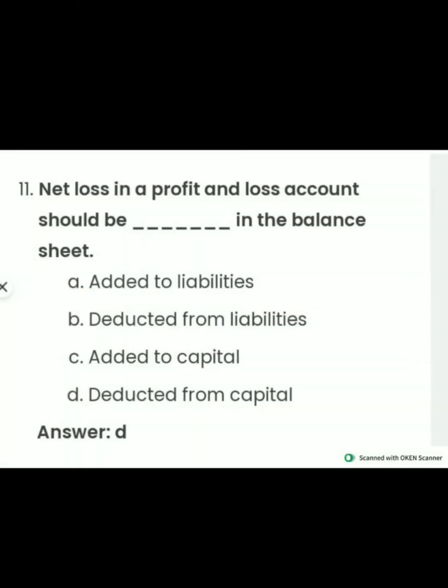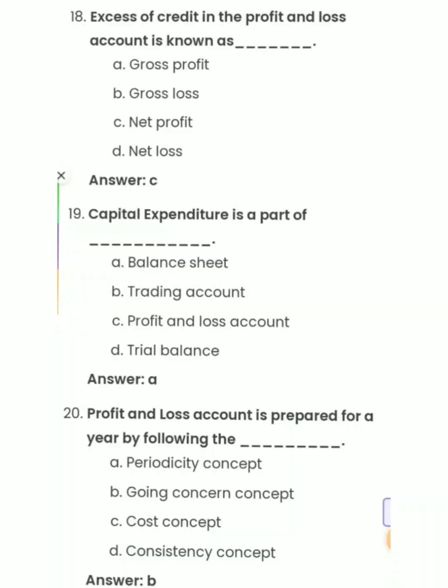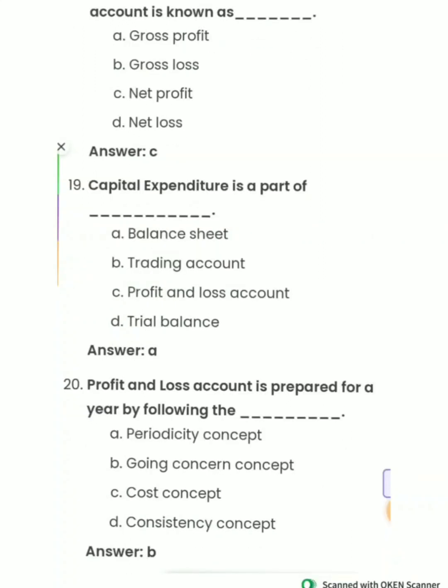If it is a net profit, it should be carried forward in the balance sheet under reserves and surplus, treated like a surplus of the company. The next question, the excess of credit in the profit and loss account is known as a net profit.